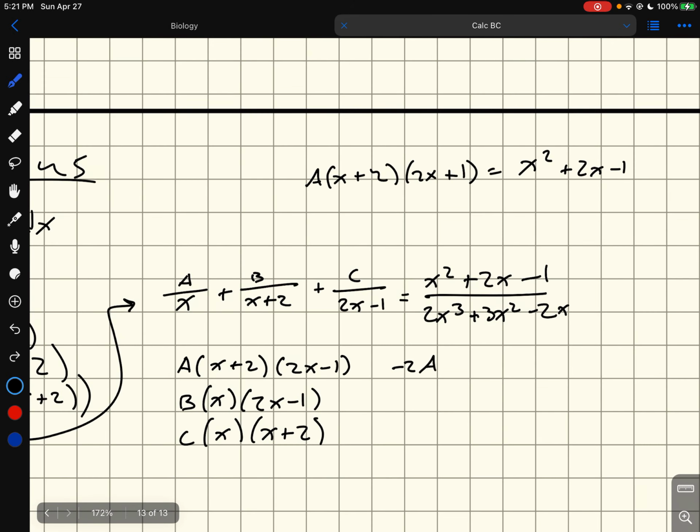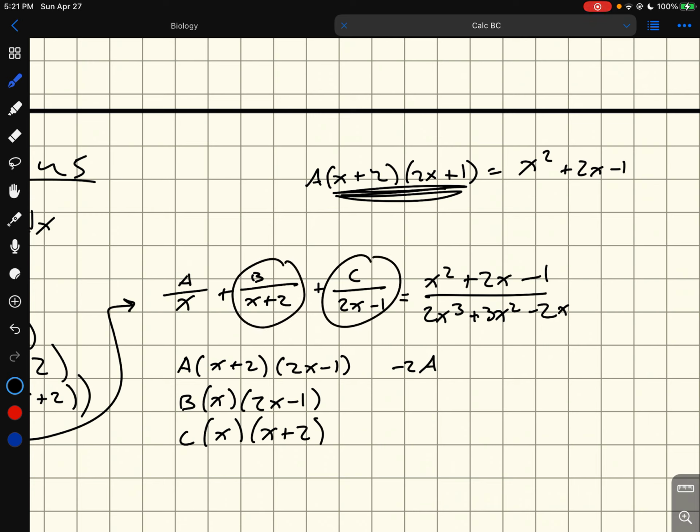And remember, I'm going to say it again, just to make sure. These two factors came from us trying to make common denominators with these two fractions. And when we make common denominators, then we can add these all together, and that'll become this.